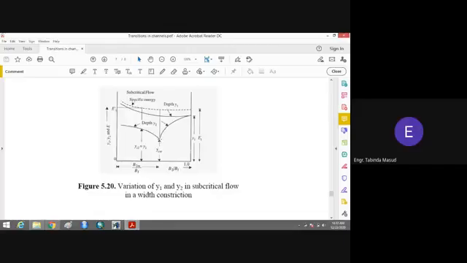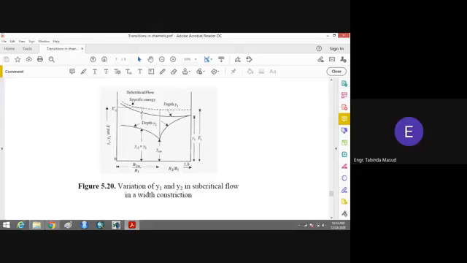Now once you get the critical depth of the flow, your design should stop here. But if you don't stop here and you further increase the contraction of the channel, then what will happen? Then there will be a damming action. The depth of the flow on the upstream side will increase. You can see that Y1 is increasing now.